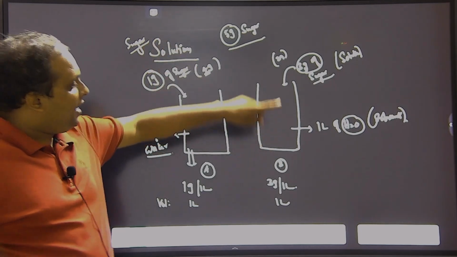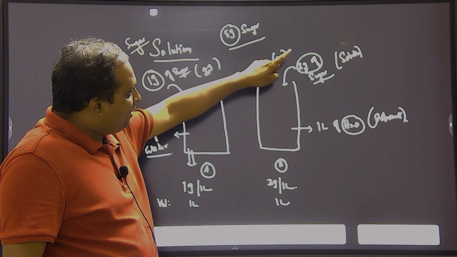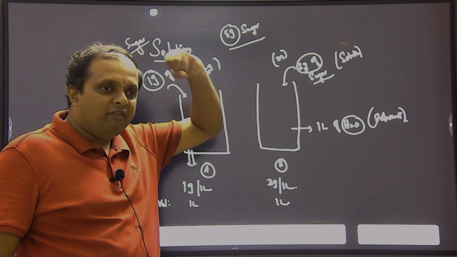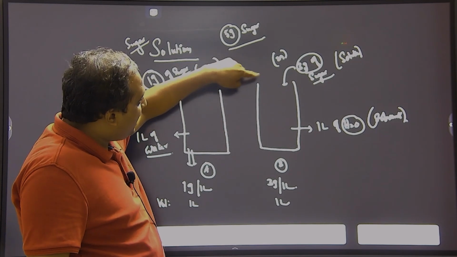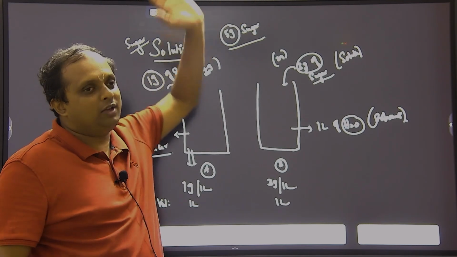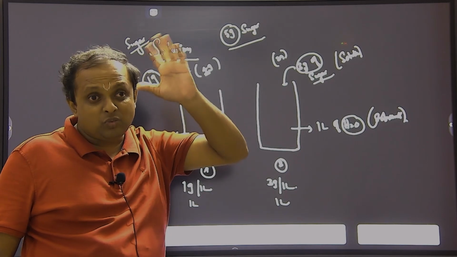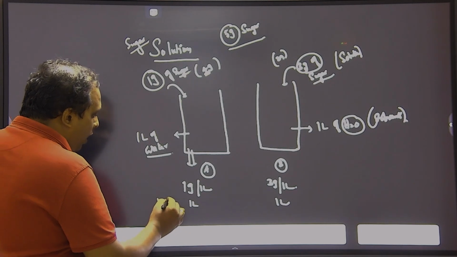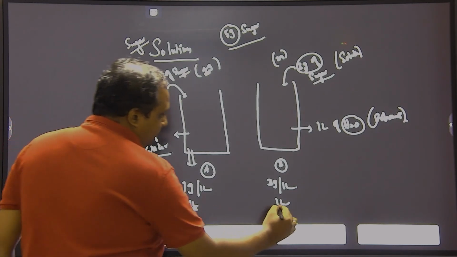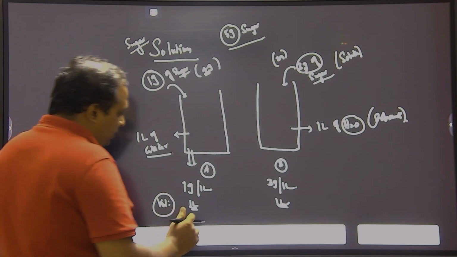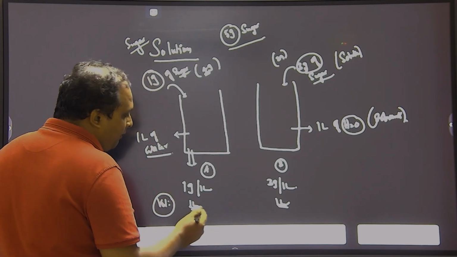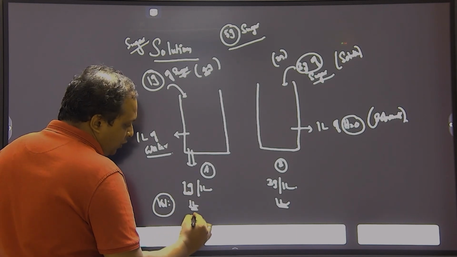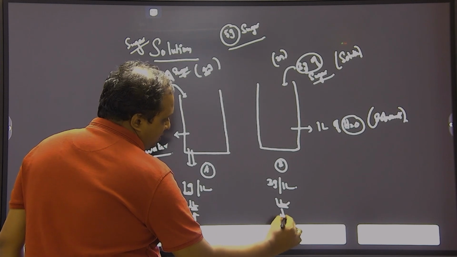Whereas in case of B, I have already added 3 gram, so my free solvent molecule availability is going to be very, very less. It can accept another just 2 gram of sugar. I hope this is what I mean by the solvent concentration. The volume of solvent is the same, 1 liter, but the solvent concentration is going to be more in A, because the solute here is less. So it is more here, and less here.